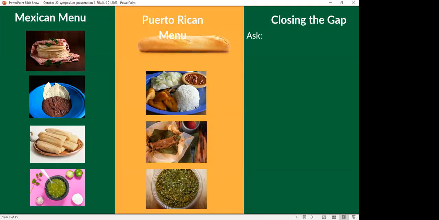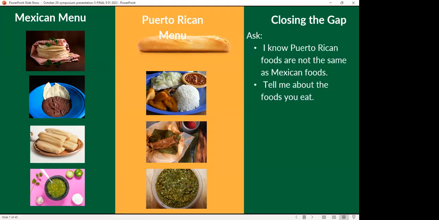So how do you close the gap when you're talking about food and nutrition and you don't know what foods are eaten? Then that's when you have to ask. I know Puerto Rican foods are not the same as Mexican foods, even if you may not know the difference.